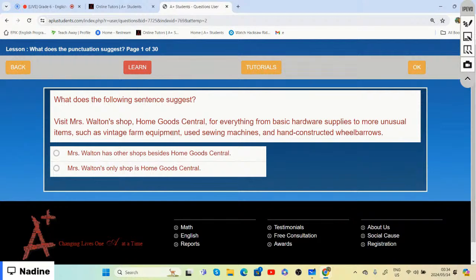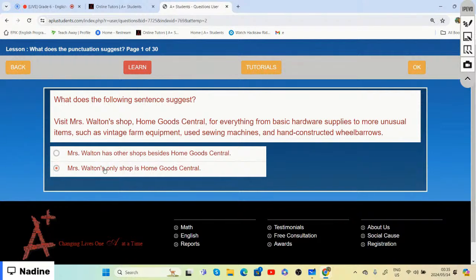So now they want to know, does it specify that Mrs. Walton has other shops besides Home Goods Central, or does it show that the only shop is Home Goods Central, by it saying visit her store, the Home Goods Central store, for everything from basic hardware supplies.